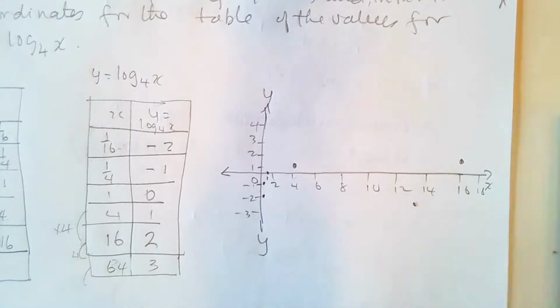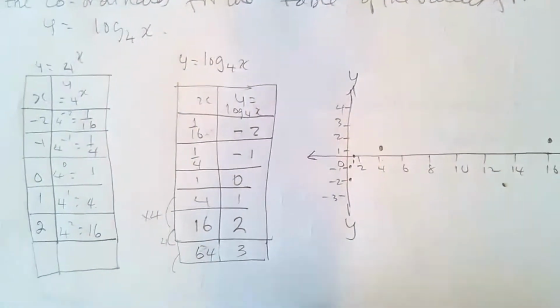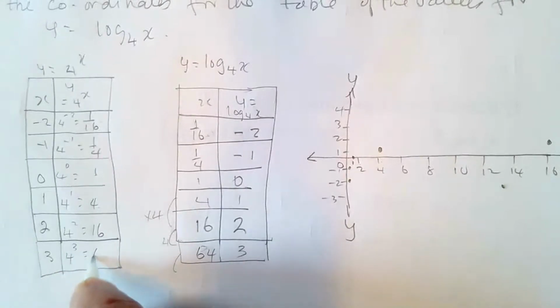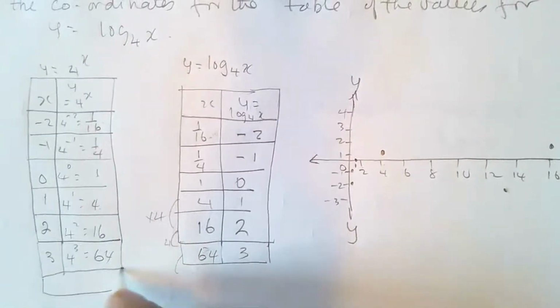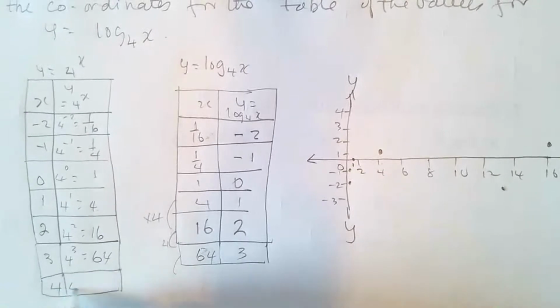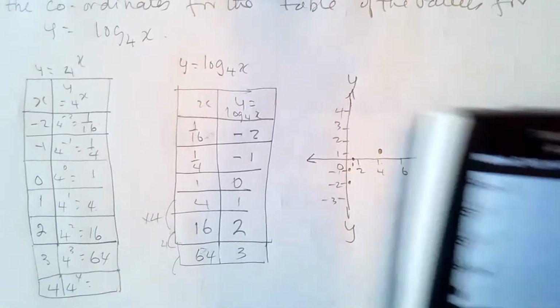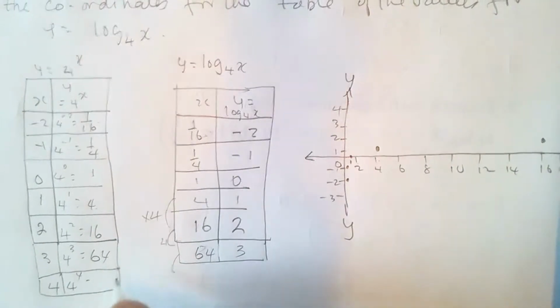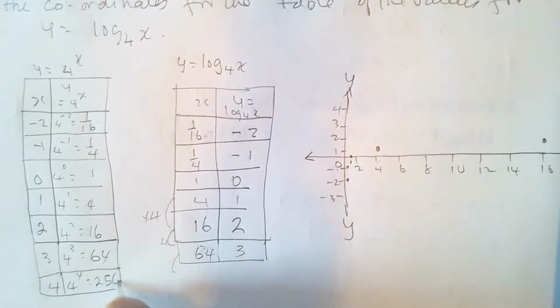You could also find it from the original graph. I have 3 here, so 4 to the power 3 gives me 64. And 4 to the power 4 gives 256.